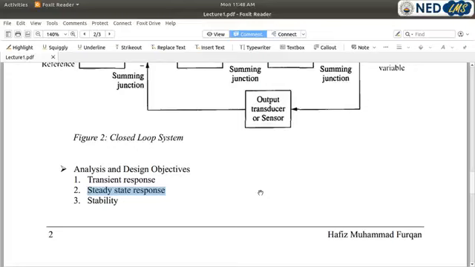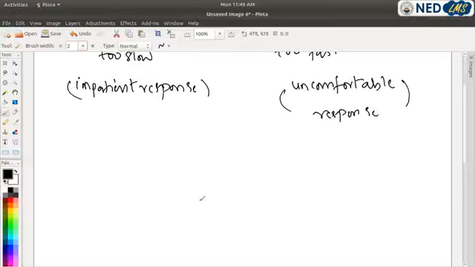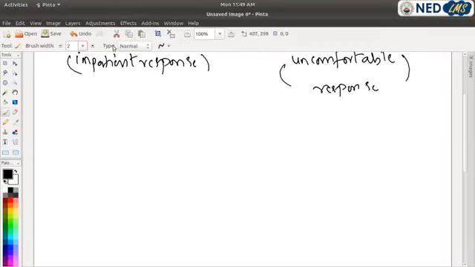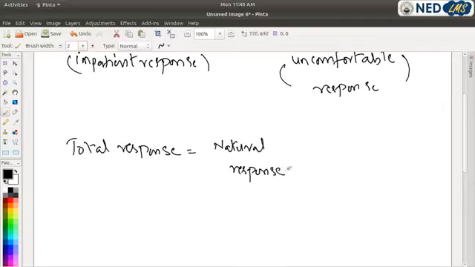To understand this stability, let's start from the fact that total response of any system is equal to the natural response plus the forced response.